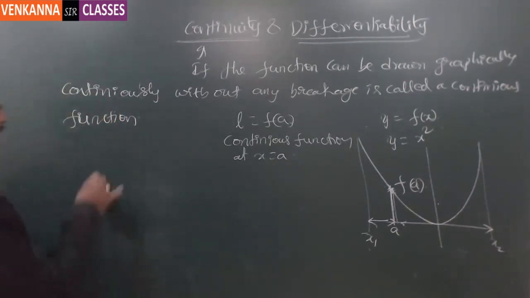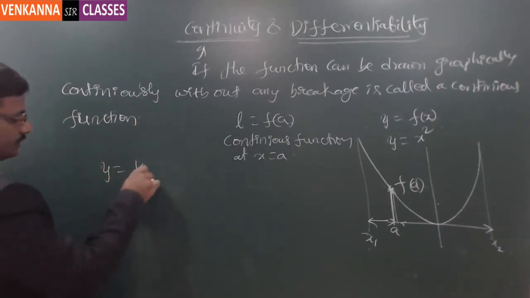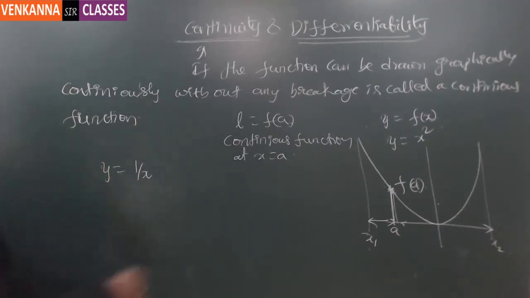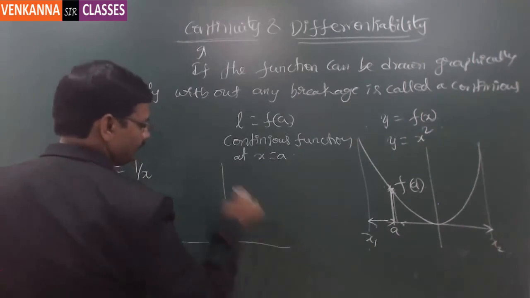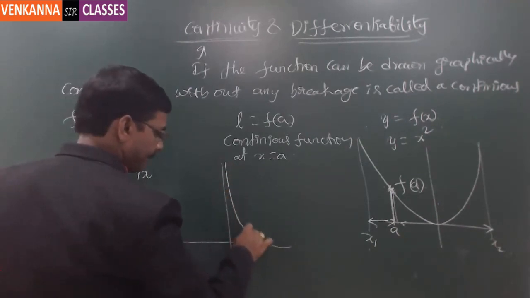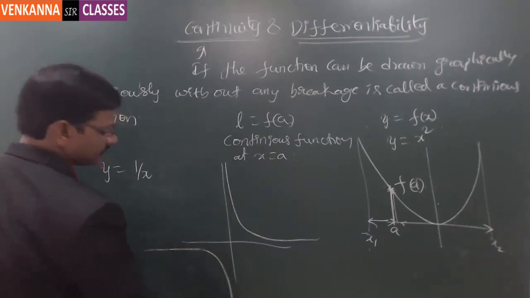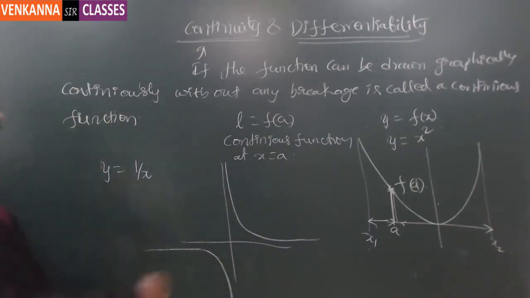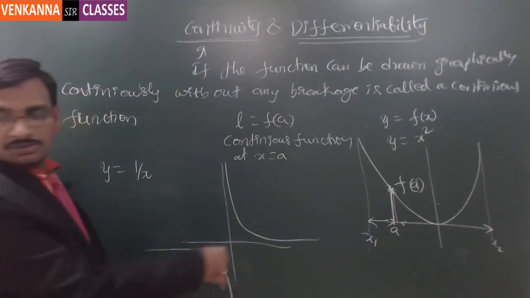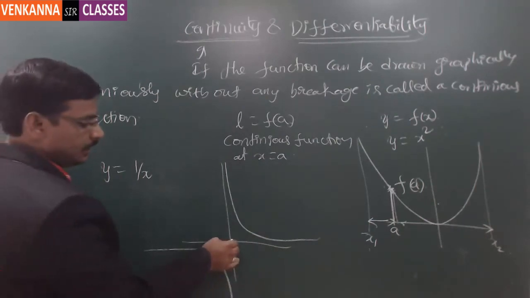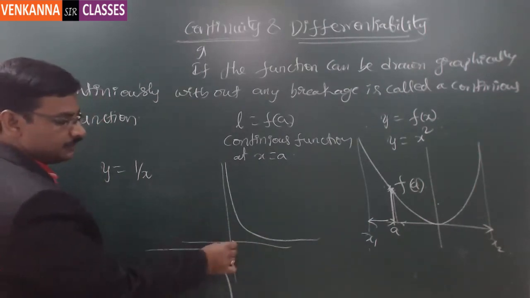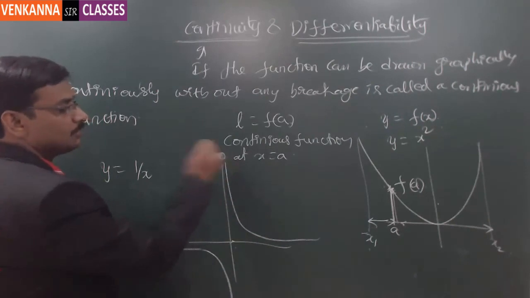Suppose I take one case, y is equal to 1 by x. Now if I try to draw the graph of this, it will be this way. Here, if I take x at 0, immediately after the right side of 0, the function value is almost infinite.